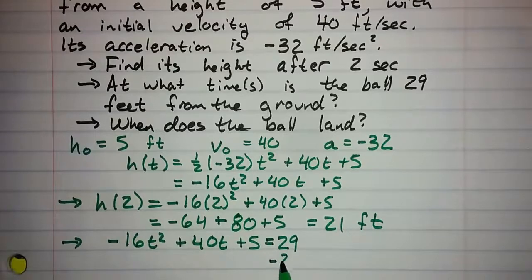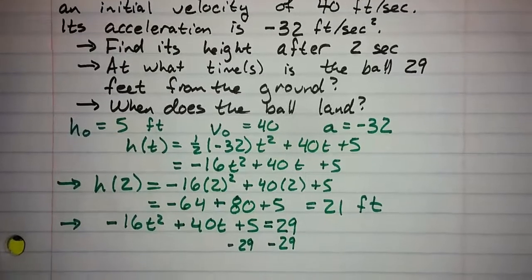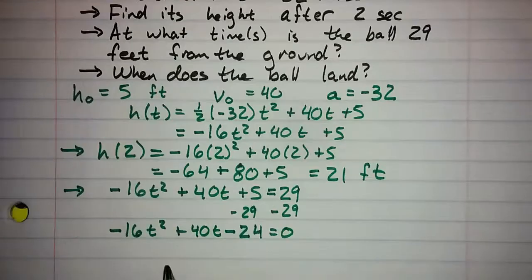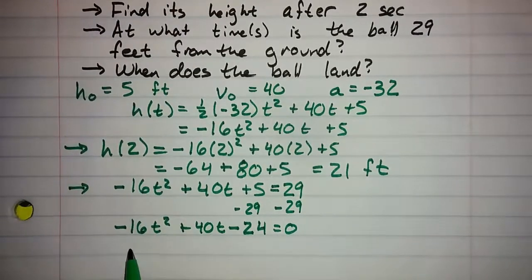I'll need this in standard form as negative 16t squared plus 40t minus 24 is 0. Looking at this intently for a few minutes, I do see a common factor of 8. I would probably be able to divide through by maybe negative 8 and be able to solve this by factoring. But that seems like work, so I'm going to use the quadratic formula.